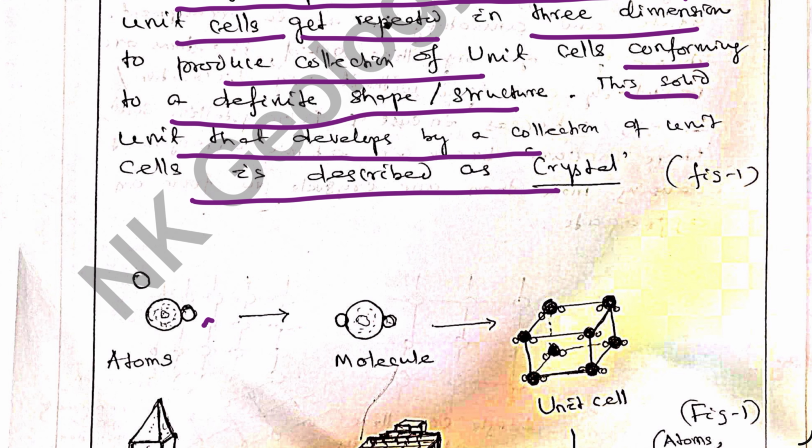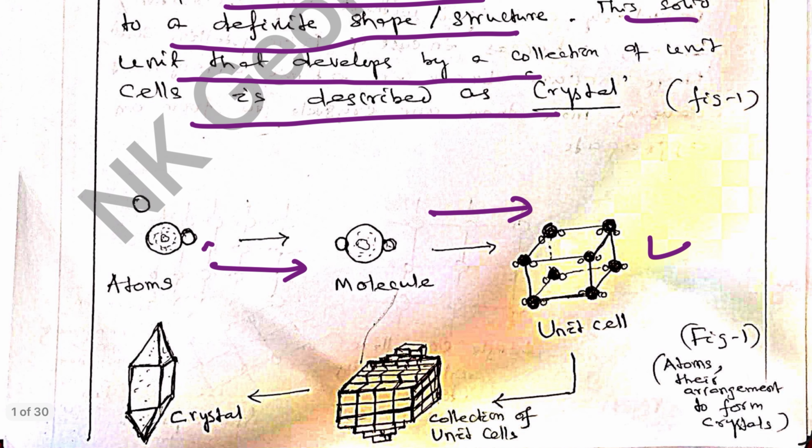So atoms join to form molecules, molecules form a smallest unit which is called unit cell, which repeats itself in 3 dimensions to produce a bigger structure, and that structure is crystal.